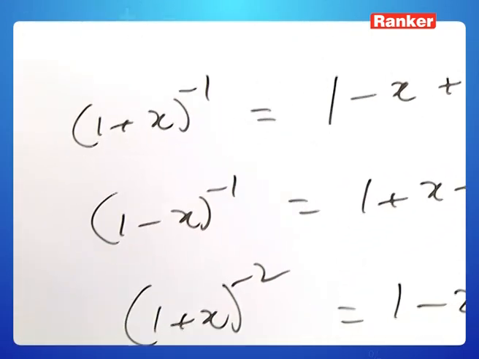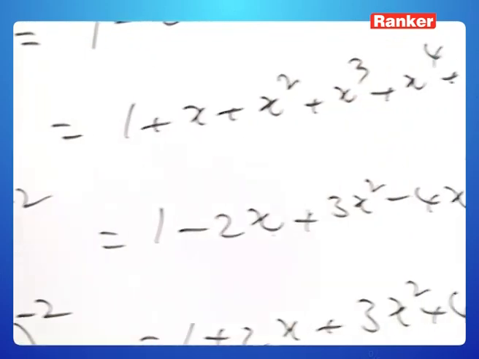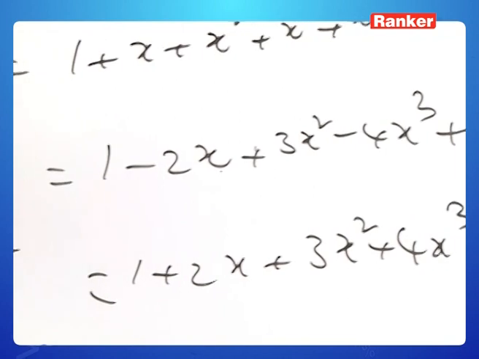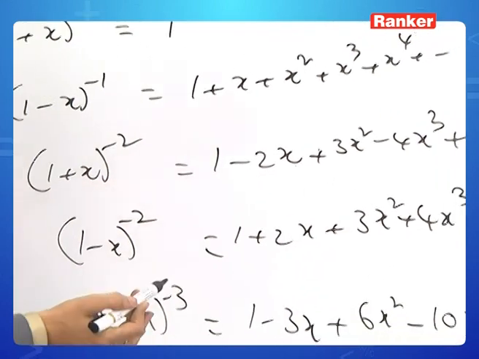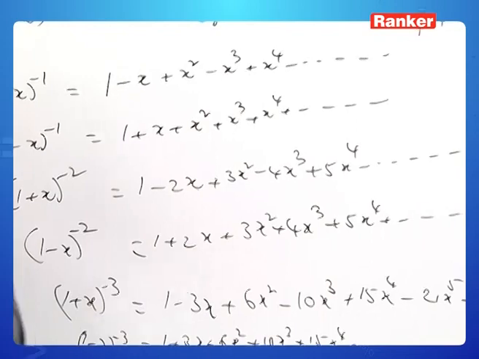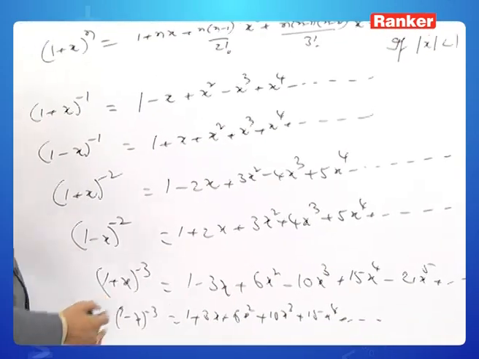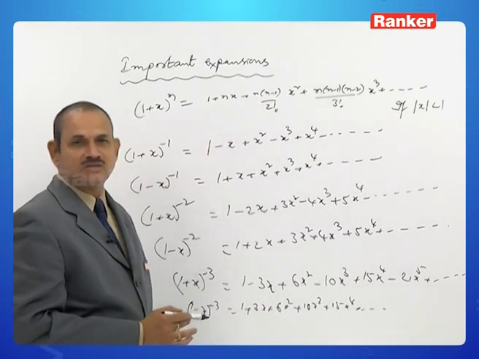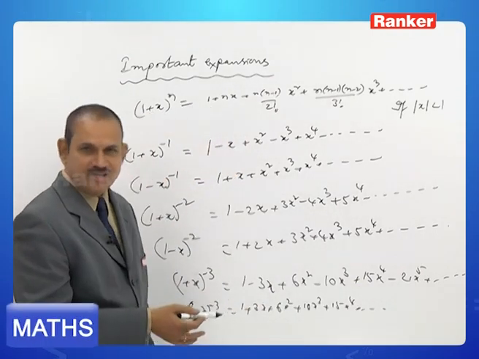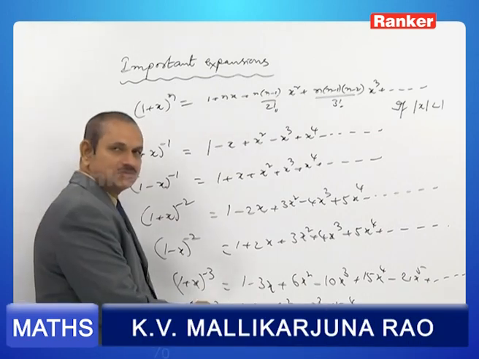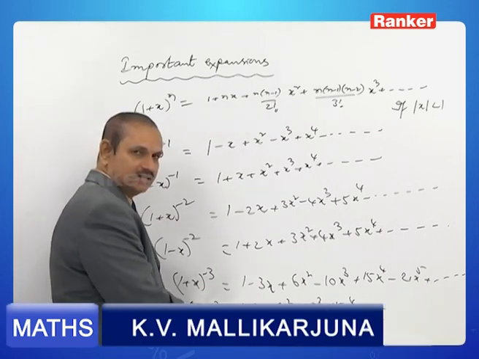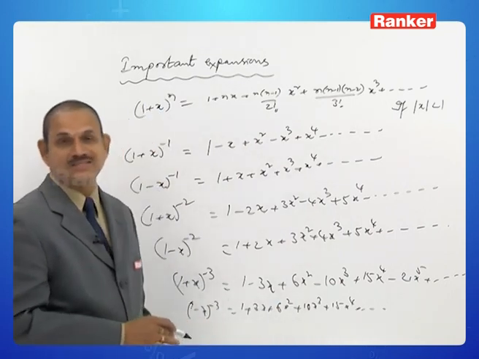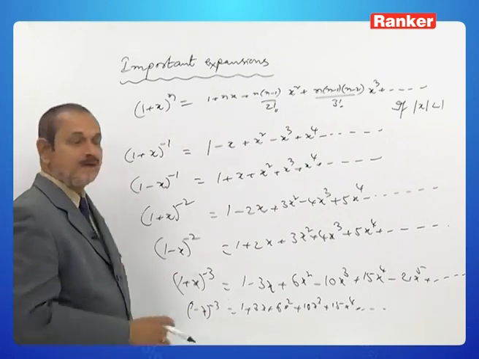Minus, minus, same sign, all the terms will be plus. For 1 minus x whole power minus 3, negative, negative, both the signs here, therefore every term will be with positive coefficients. That's it.